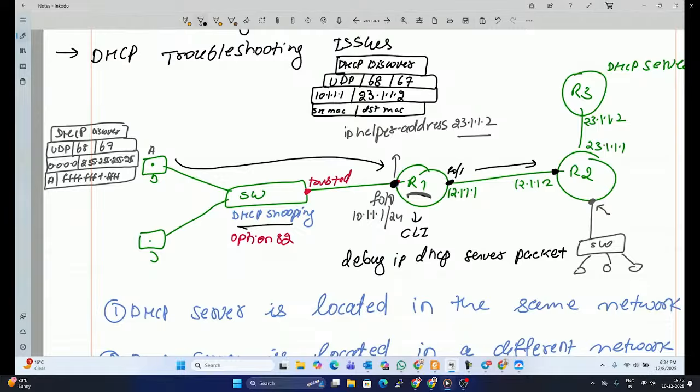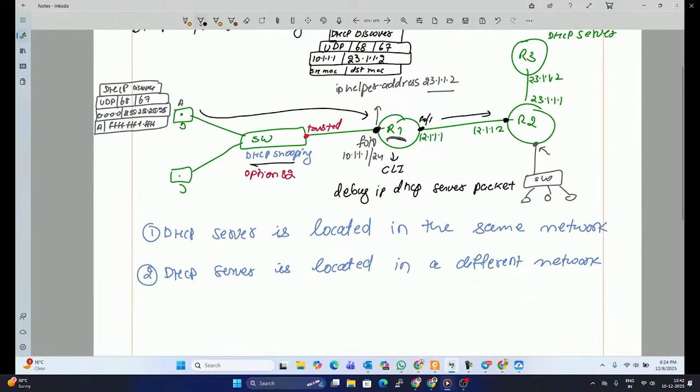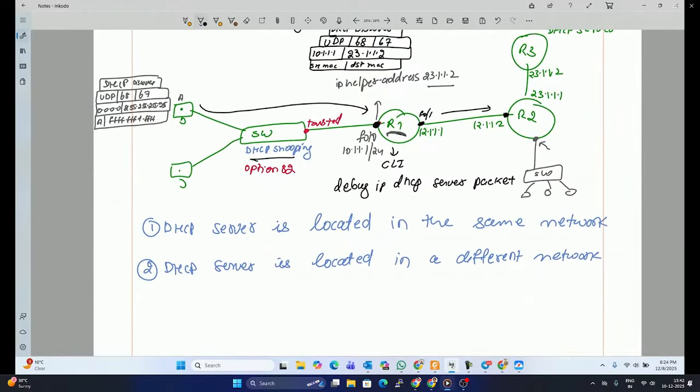All right. So if the DHCP server is located in a different network, then we have to make sure of what? First, the IP helper address must be configured.